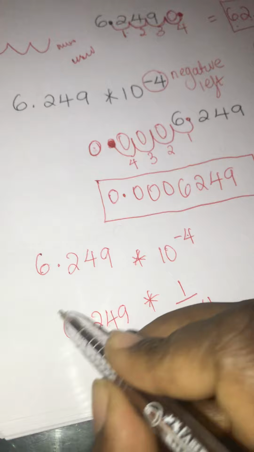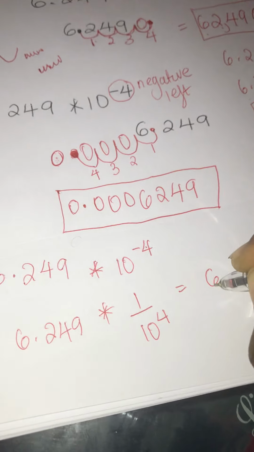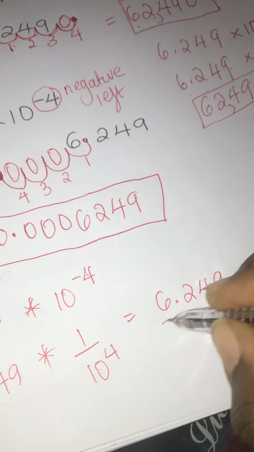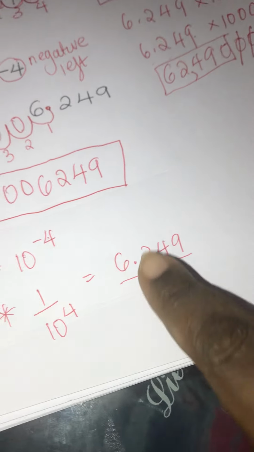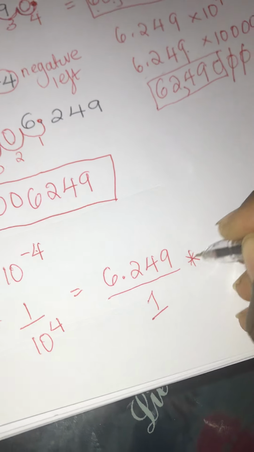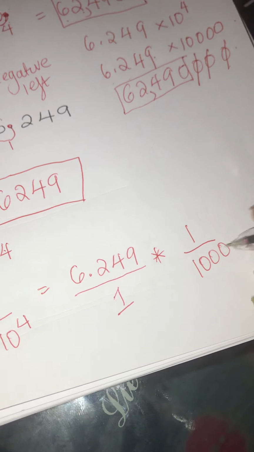Okay, so now I will write this as 6249 over 1, because this is a fraction, yes? So I want to make also this a fraction. I'll write it over 1 times 1 over and 4 zeros.